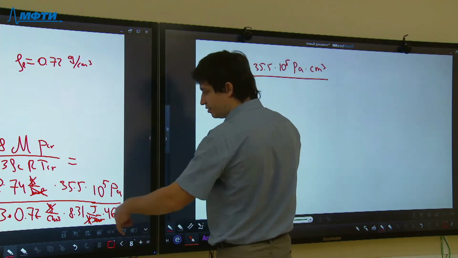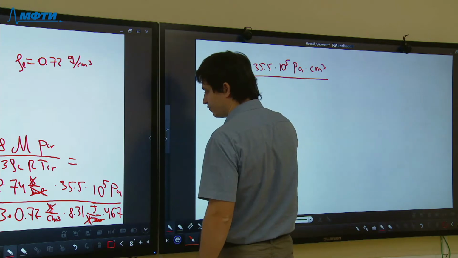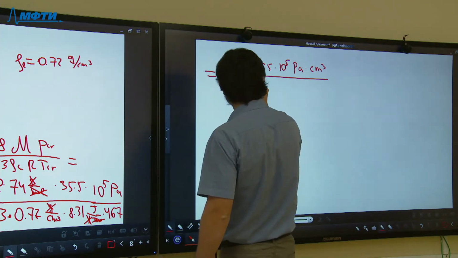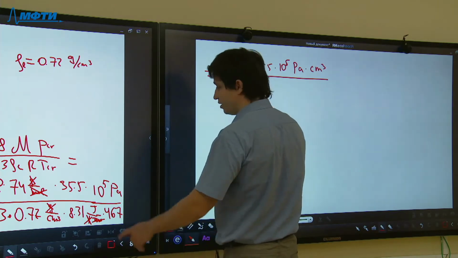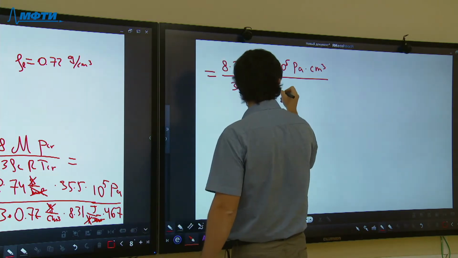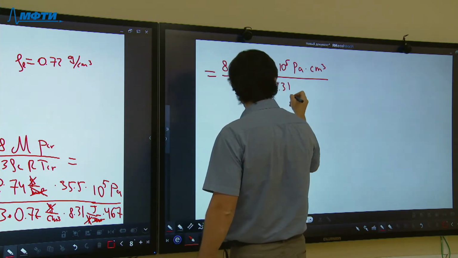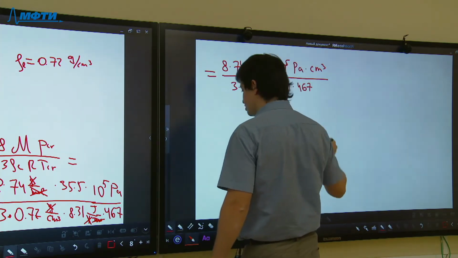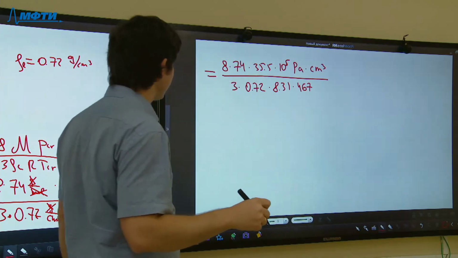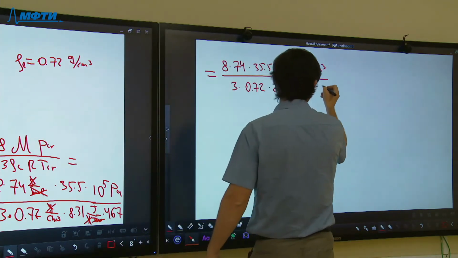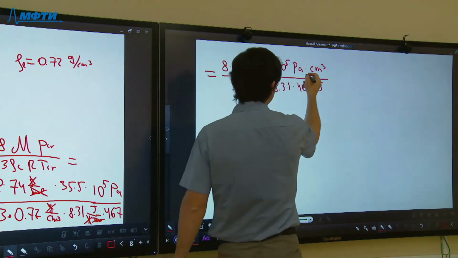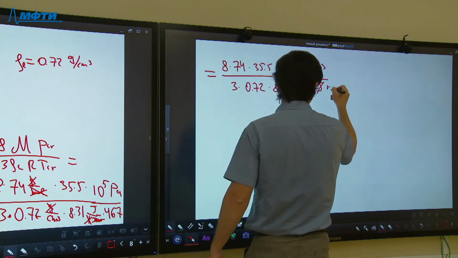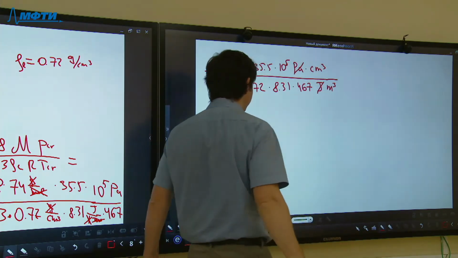Then in the denominator I have 3 times 0.72, okay, times 831 times 467. And in here I have also joules. So if I take pascal and joules, what is left here is cubic meters.